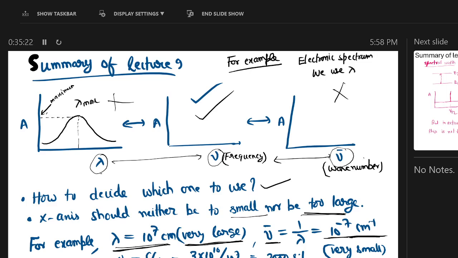For Raman spectrum and IR spectrum, we use wave number. So in the next week, when we deal with rotational spectroscopy, vibrational spectroscopy, electronic spectroscopy, we will see the uses of this. That's why we need to know how to interconvert between one unit and another.